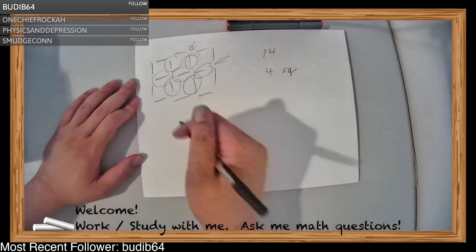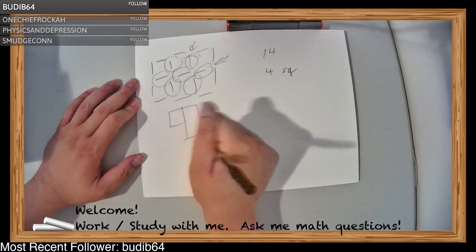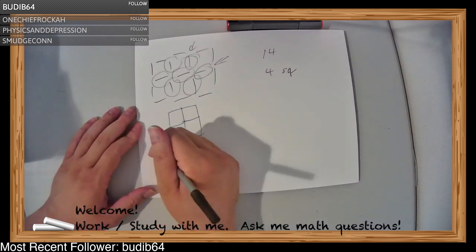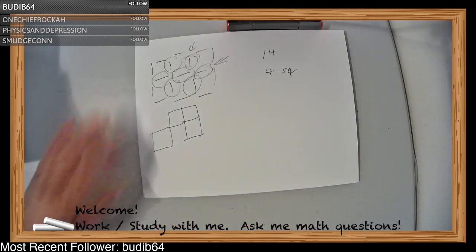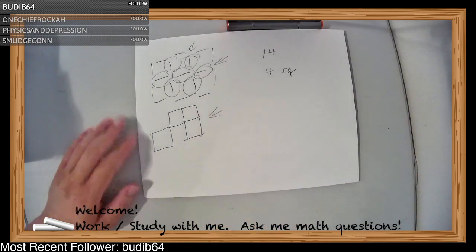If we share those toothpicks, we end up with this on one side, and we have to find another square that shares no toothpicks. So we have an answer here, and that's one way to go about it. Instead of saying we want to take away three toothpicks, we can say we want to share two toothpicks. So this is one of the answers.